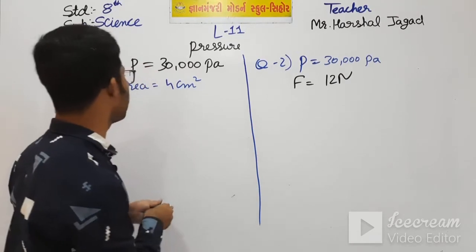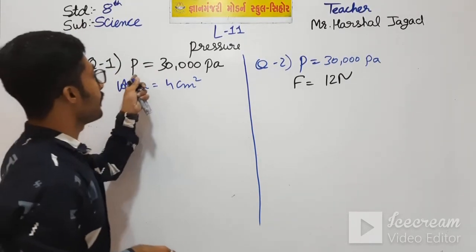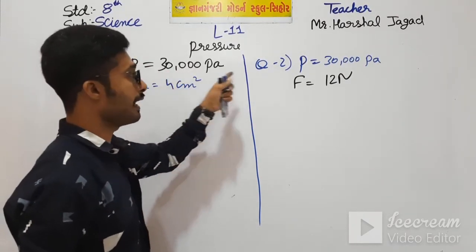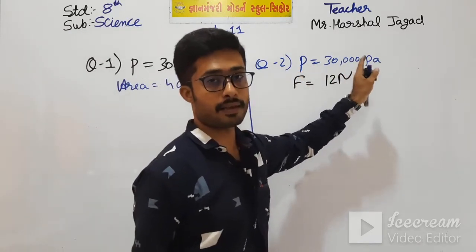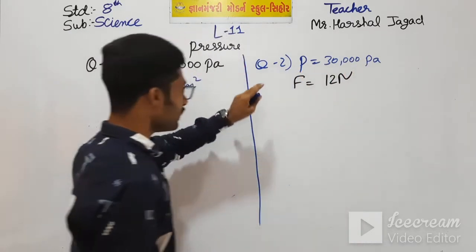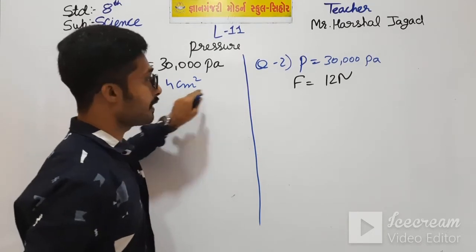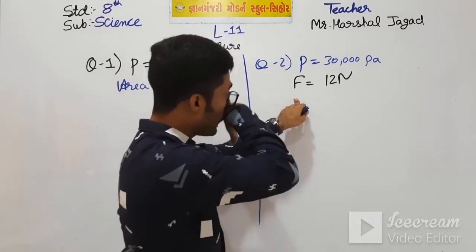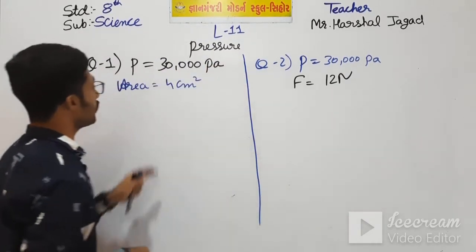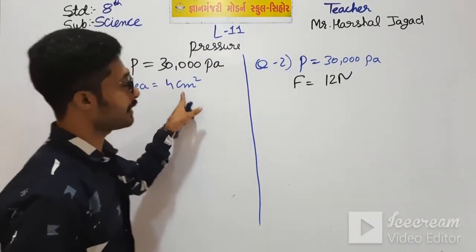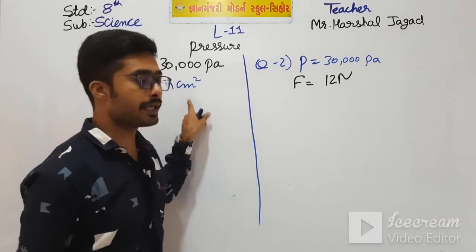Let us calculate that. Here the pressure value is 30,000 Pascal, and here also the pressure value is 30,000 Pascal. Here the area is 4 centimeter square, and in this case the force is 12 Newton. Okay students, first of all we have to convert the area from centimeter square to meter square.